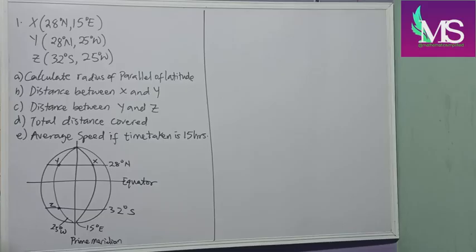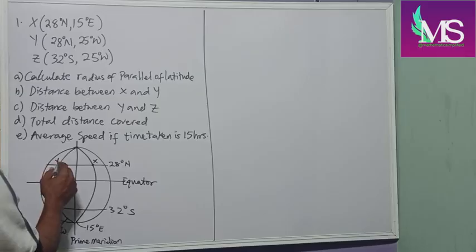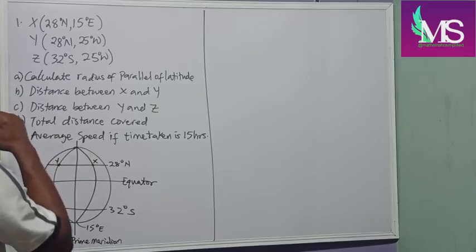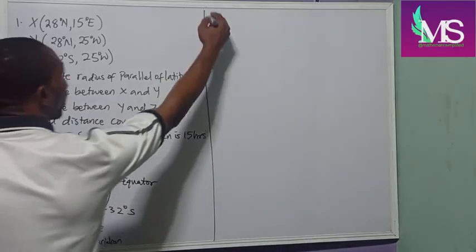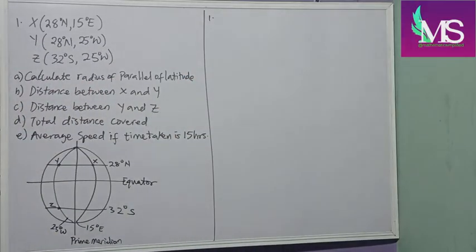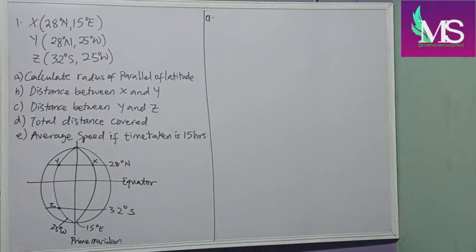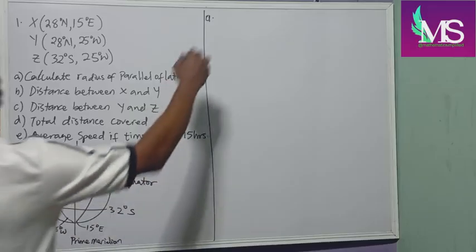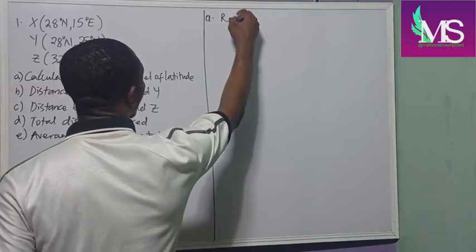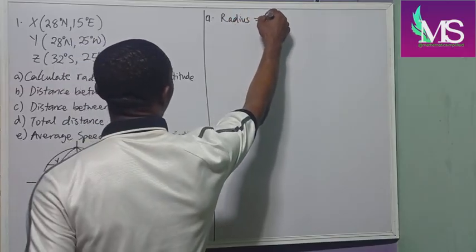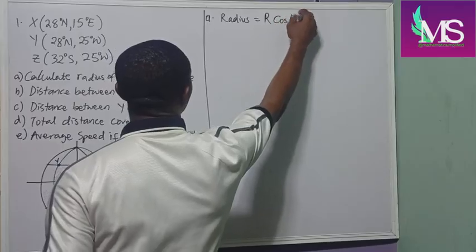Alright, now having done this, we are asked to find the radius of the parallel of latitude. Now, for question 1, in order to find a parallel of latitude, we'll be using the formula radius equals R cos theta.